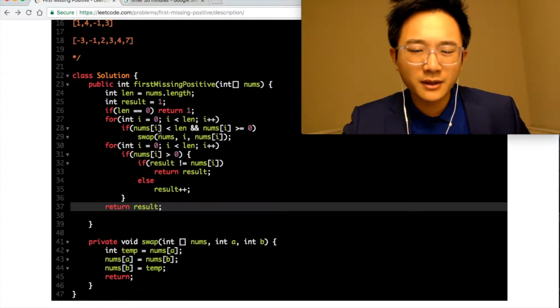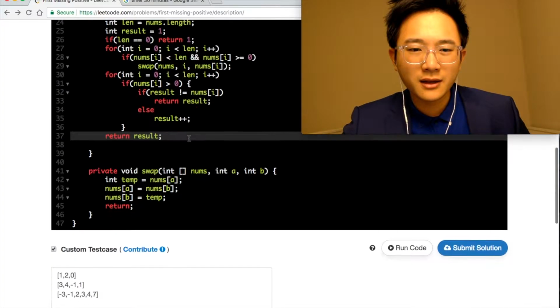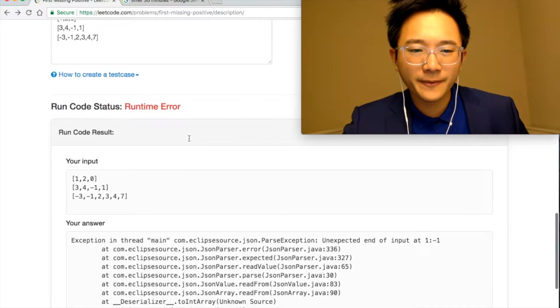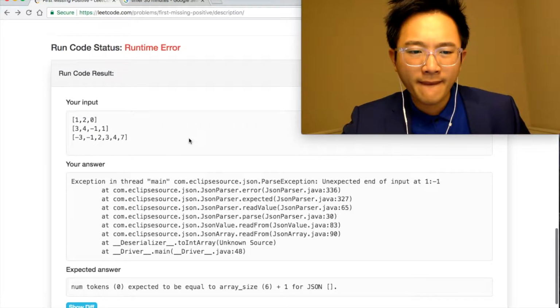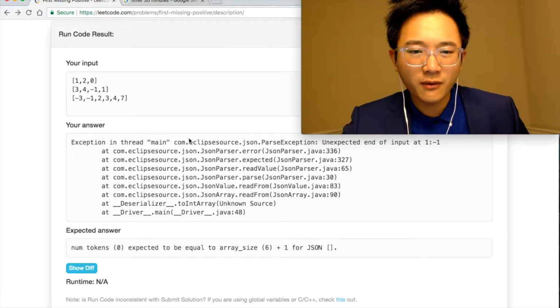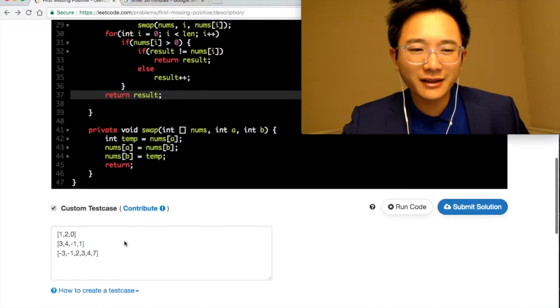If numbers and numbers i is larger than or equal to 0, that should be right. Should be correct. So i is equal to 0 and i, wait, how is that wrong though? Oh, wait, so I think the number is wrong.